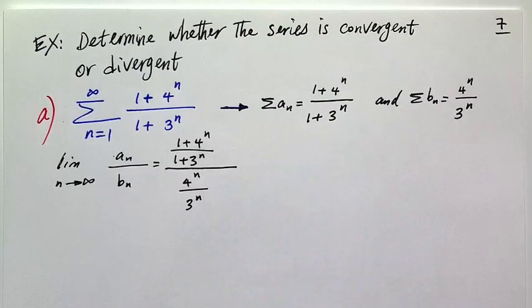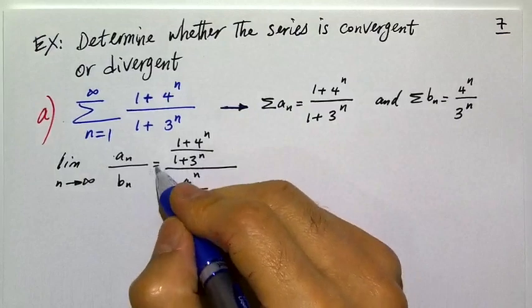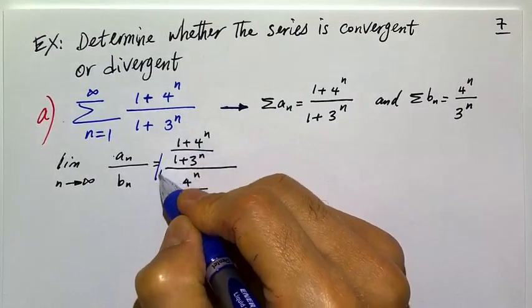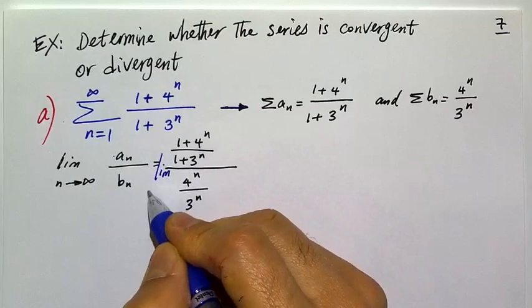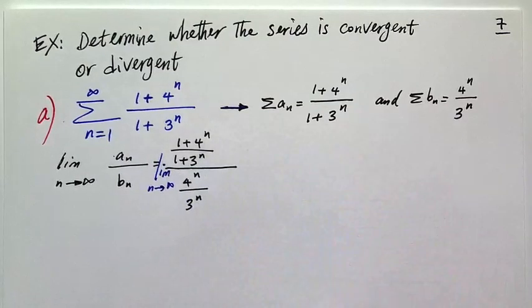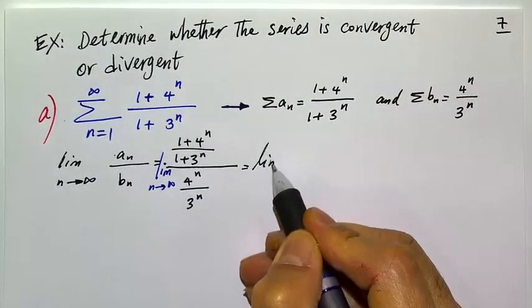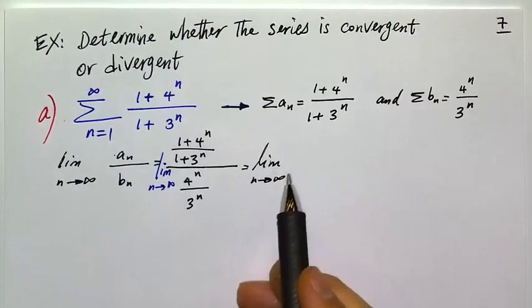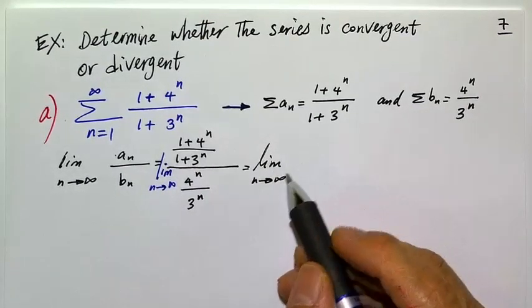I should remember to put my limit: limit as n goes to infinity. So we're taking the limit of that ratio.